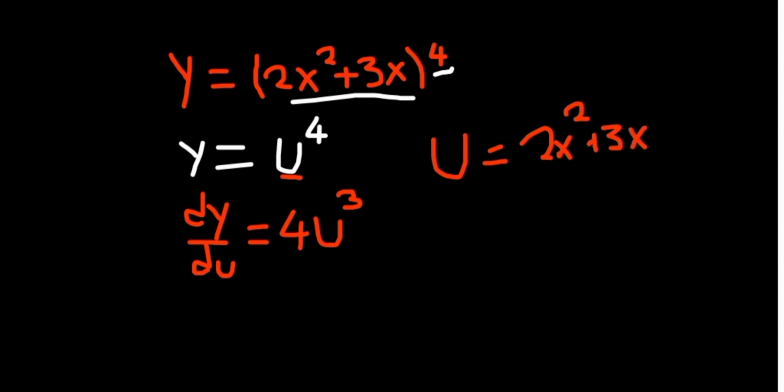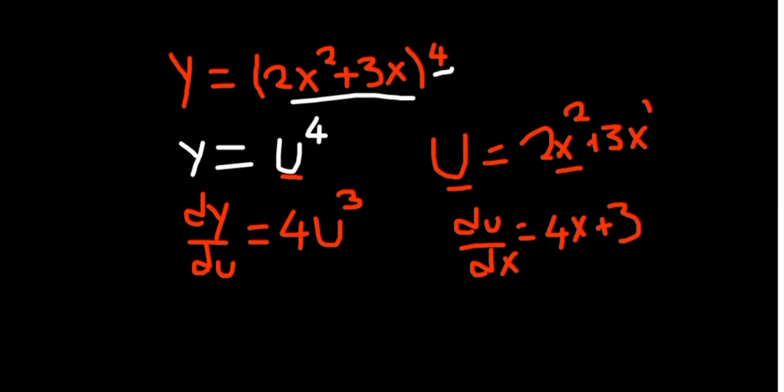When you differentiate this, it's going to be u with respect to x, so we call it du/dx. 2 times 2 will give us a 4. Then x raised to the power of 2, when you reduce the power by 1, becomes 1, so it will just be x. Then this one has a power of 1, so 1 times the coefficient is just 3.